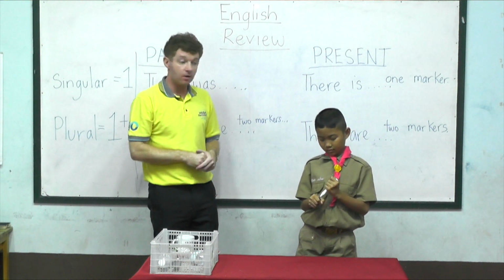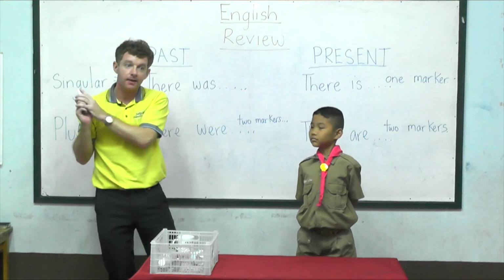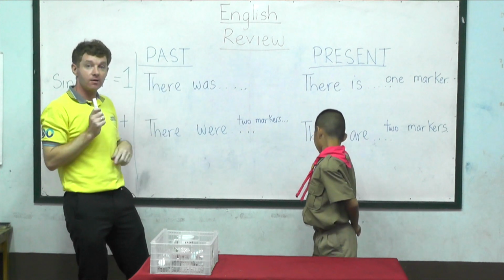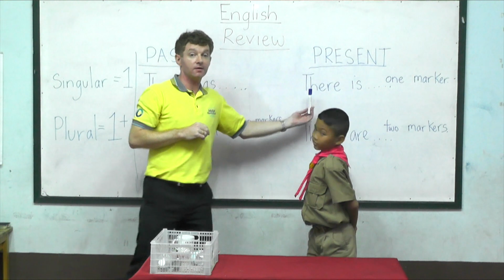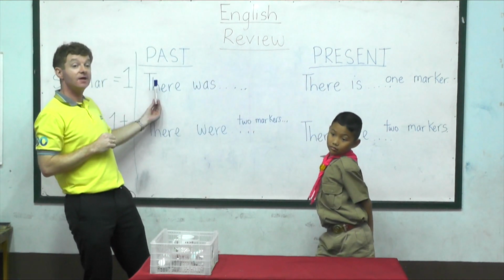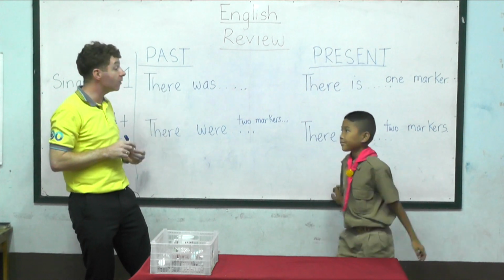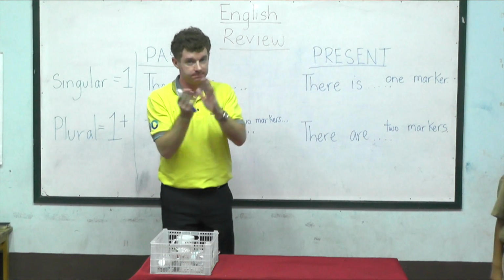Bangpon has the marker, but if I take the marker away, there was one marker. Present tense, there is one marker. Past tense, there was one marker. Bangpon, excellent. High five, big round of applause for Bangpon.